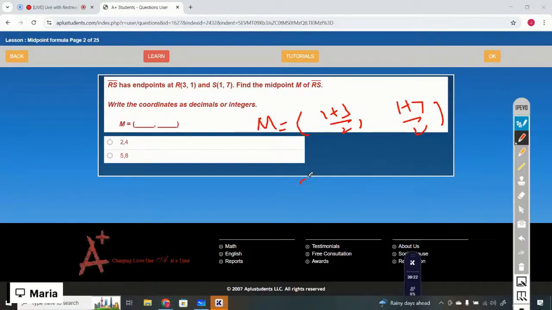That is 2 and 4. Option number 1 is the correct option. That is 2 and 4.